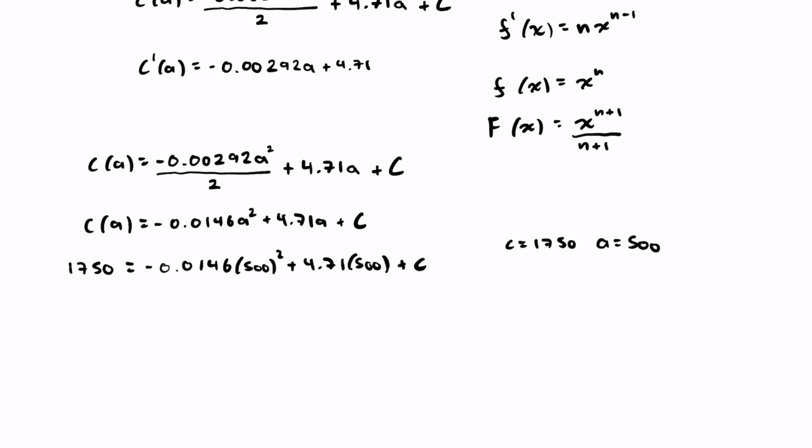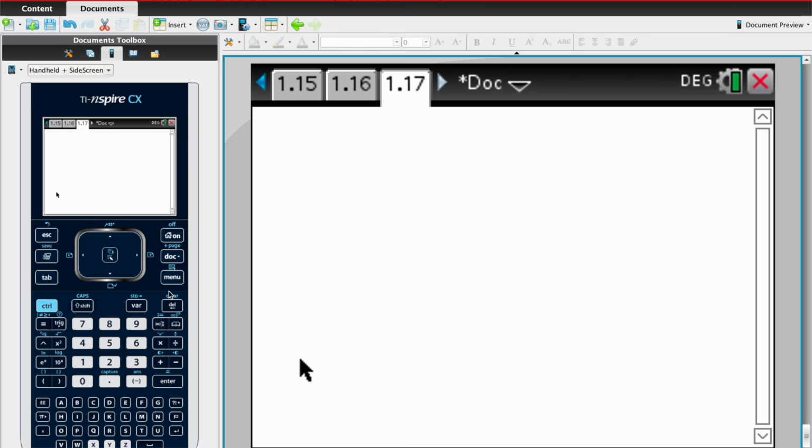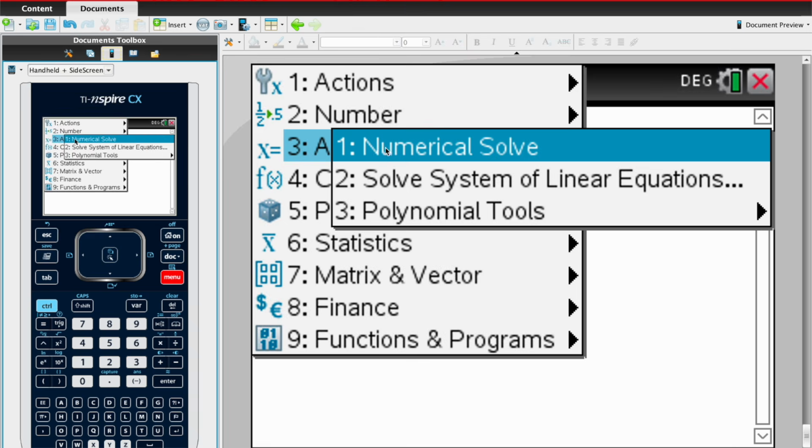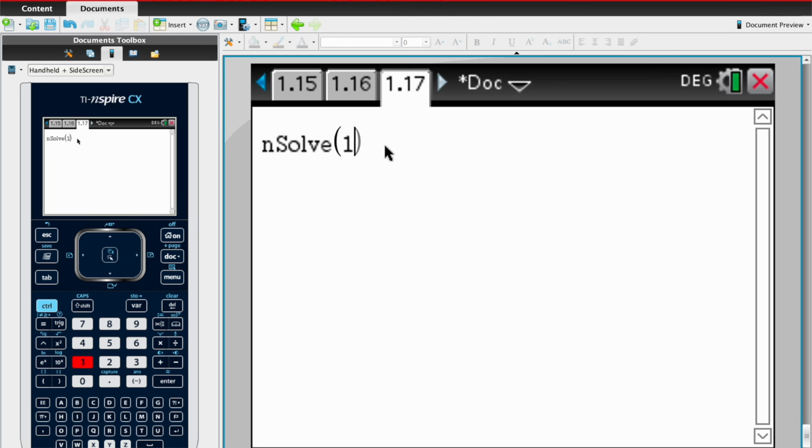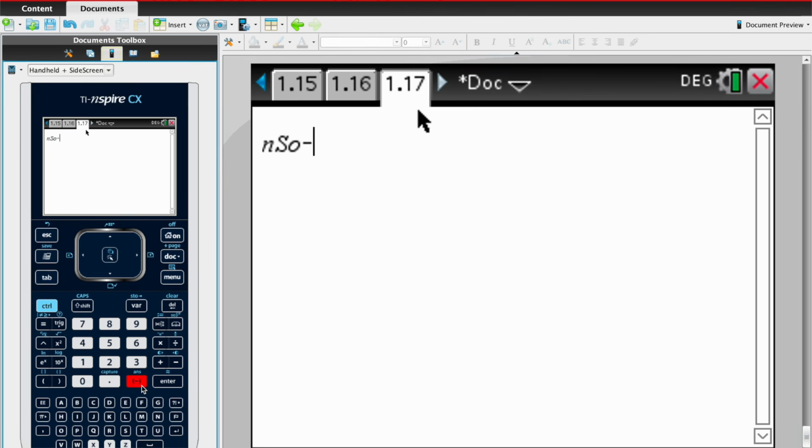So let's go ahead and do that. So 1750 equals negative 0.0. Oops, I'm just looking at the document. I put one less 0 than there should be.